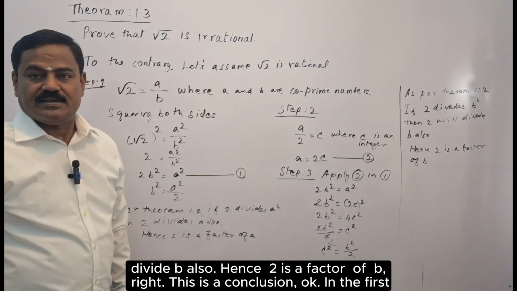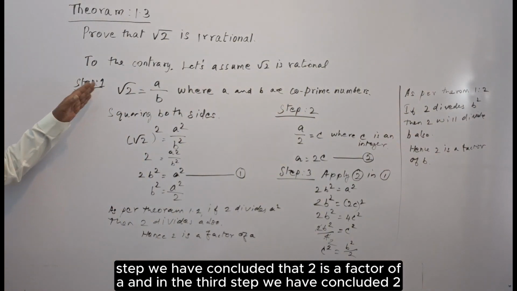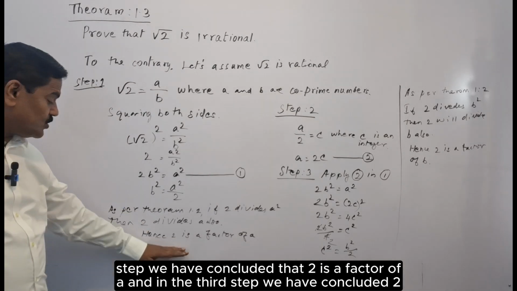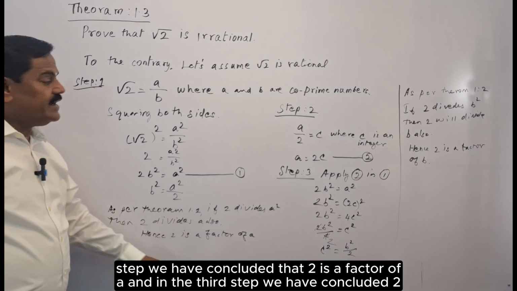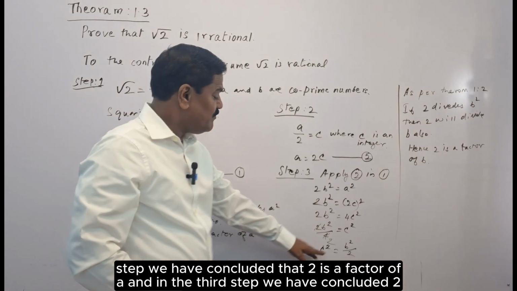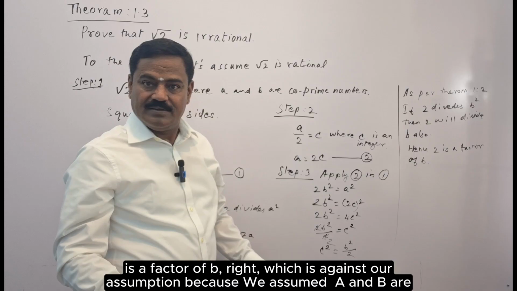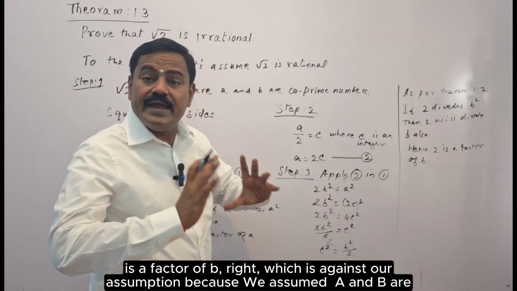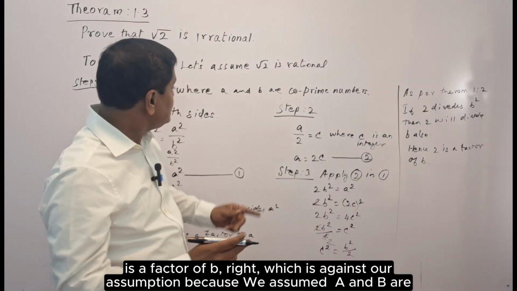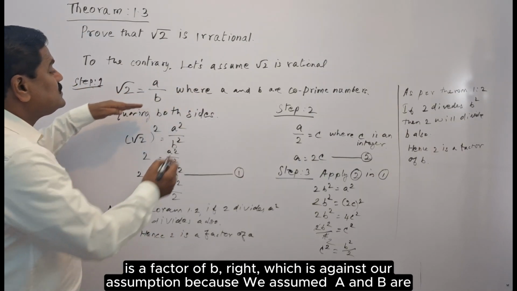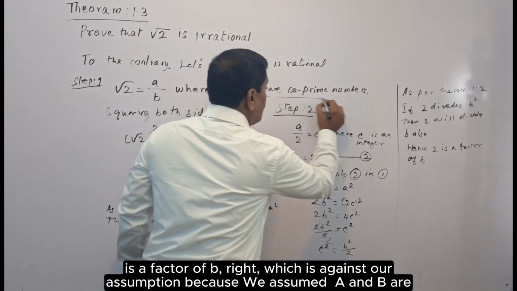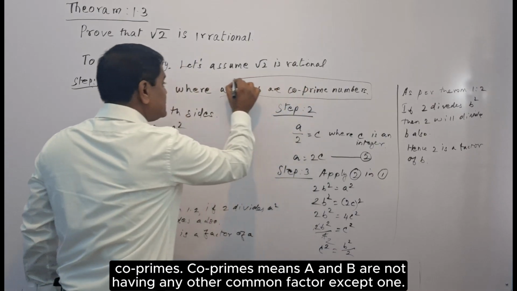This is a conclusion. In the first step we have concluded that 2 is a factor of a, and in the third step we have concluded 2 is a factor of b, which is against our assumption, because we assumed a and b are co-primes.